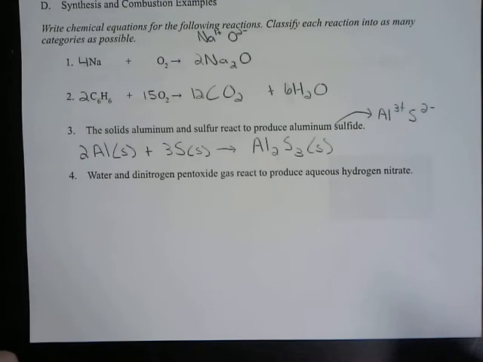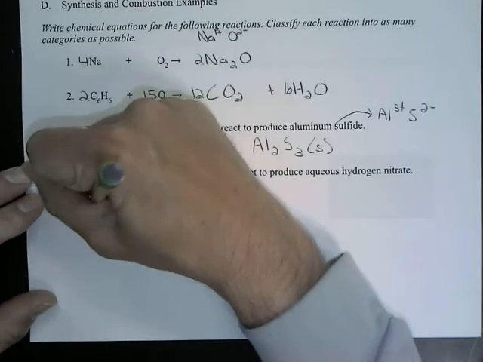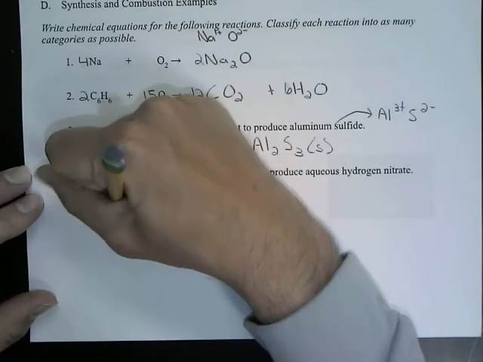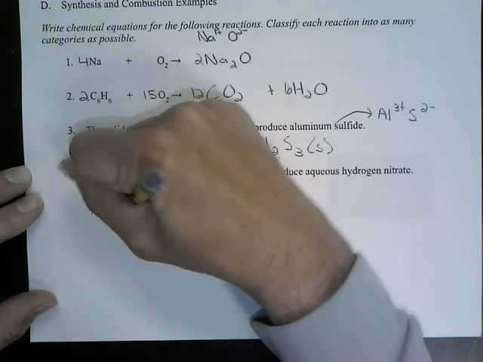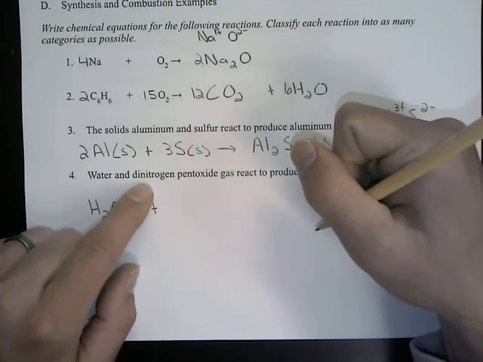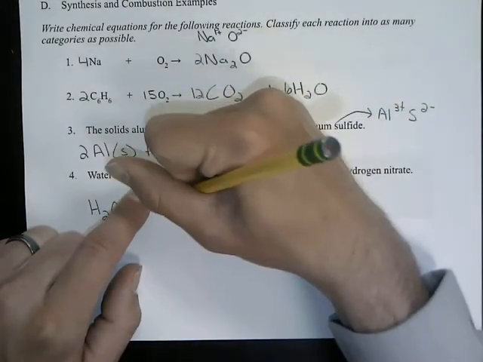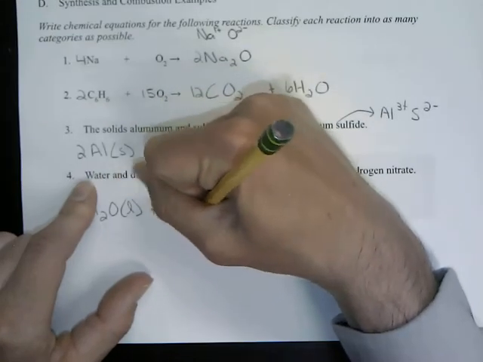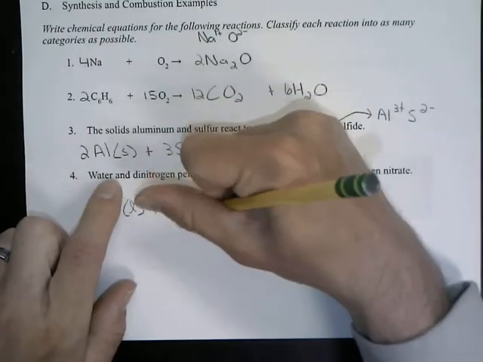Now, our fourth problem here says water and dinitrogen pentoxide gas react to produce aqueous hydrogen nitrate. Okay, so we start out here with H2O as a liquid, L for liquid, plus dinitrogen pentoxide. Dinitrogen pentoxide means we have 2 N's and 5 oxygens.